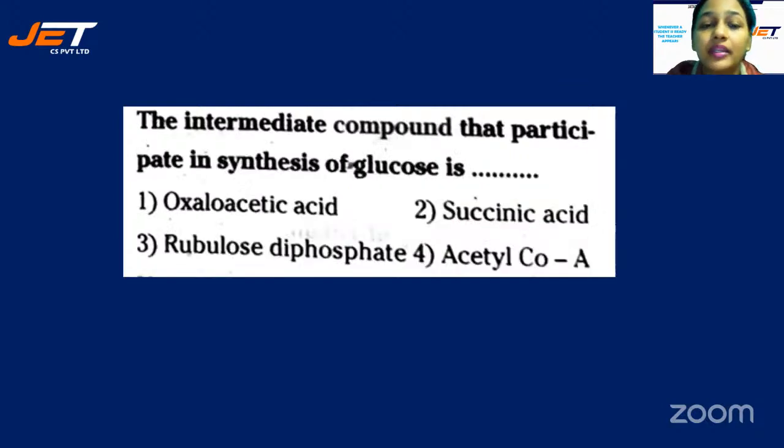Next question. The intermediate compound that participates in synthesis of glucose is: number 1, oxaloacetic acid; number 2, succinic acid; number 3, ribulose diphosphate; or number 4, acetyl coenzyme A or acetyl CoA.